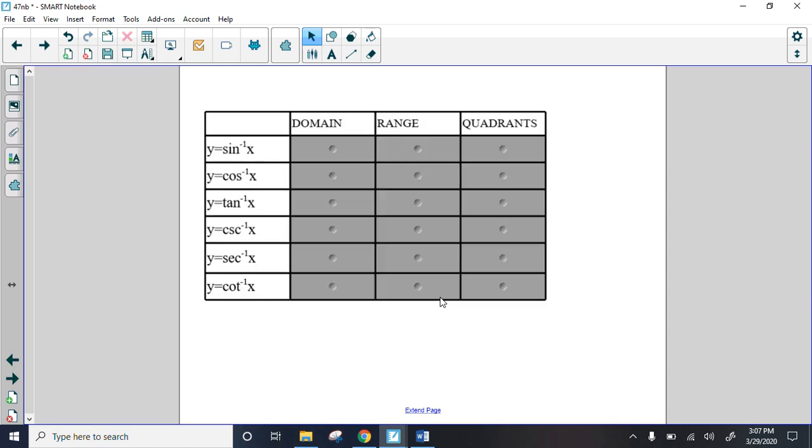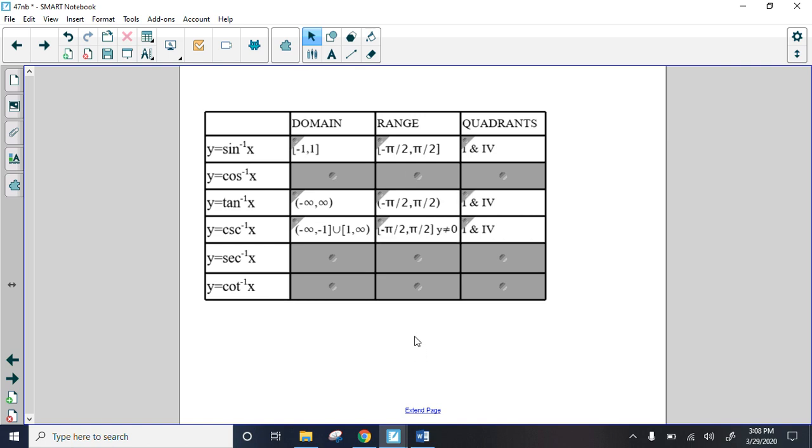Okay, so if I talk about the trig functions that were in quadrant 1 and 4, that was our sine, our cosecant, and our tangent. So the domains for those are kind of the normal domain, range for sine, range for cosecant, range for tangent, right? Because in an inverse function, we flip-flop the domain and range. Here's the important part.